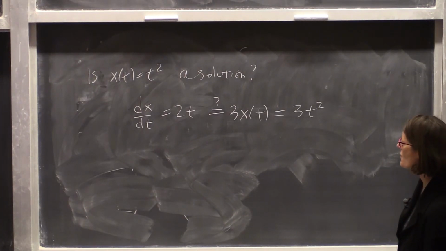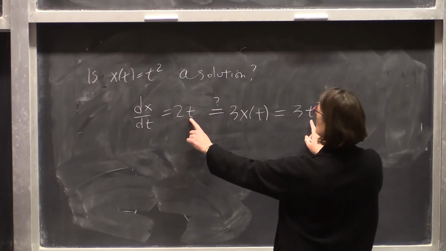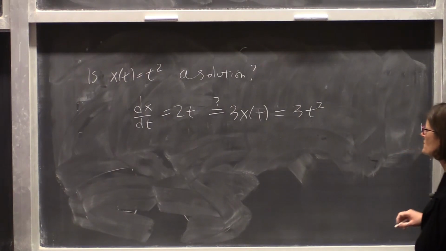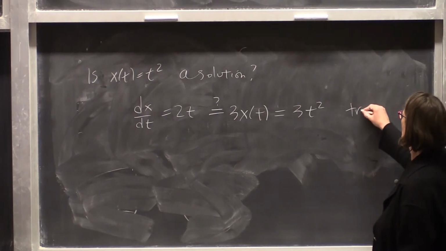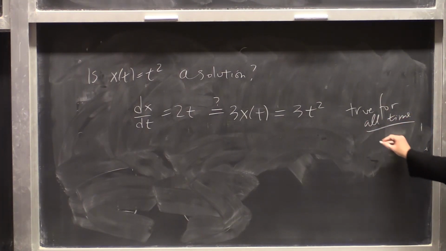Well, certainly there are moments in time where this will be true. It's true when t is equal to 0, and it's true when t is equal to 2/3, but you want it to be true for all t, true for all time. No.